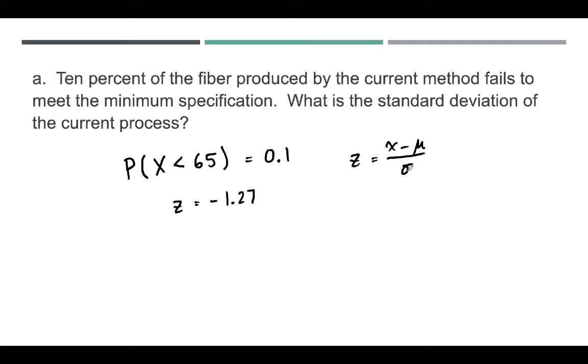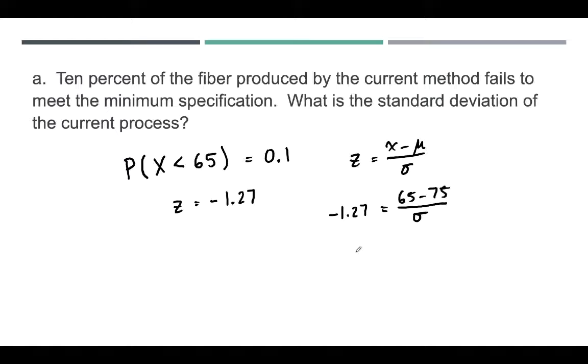What we don't know is the standard deviation, because that's what it's asking for. So when we have a z-score of negative 1.27, we have a value of 65 minus the mean, which is 75, over sigma. And we'll just solve for sigma.